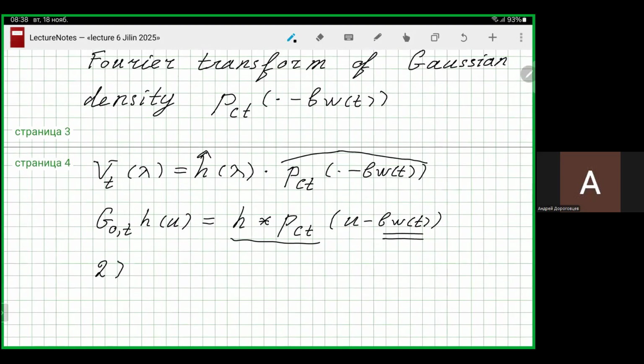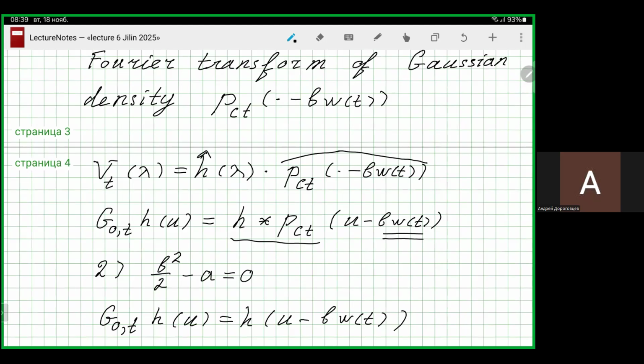Now consider the case when b square over 2 minus a is equal to 0. We already recognize this case because, you remember, it is exactly the relationship which arrives in the shift formula. So now I can write the answer: h of u is equal to h of u minus BWT.